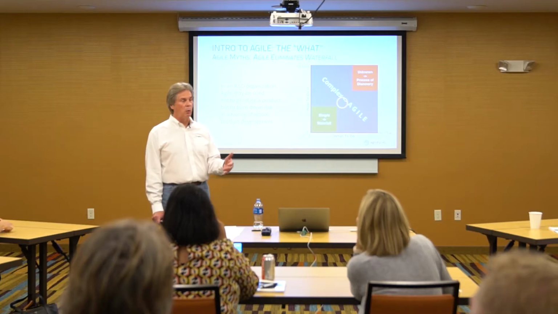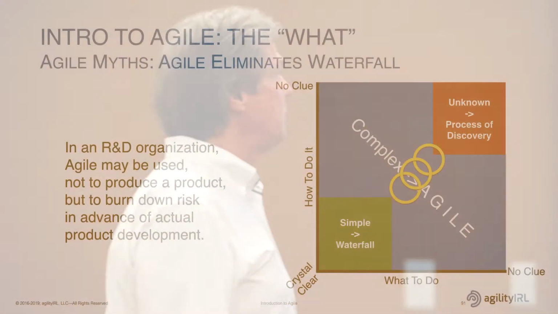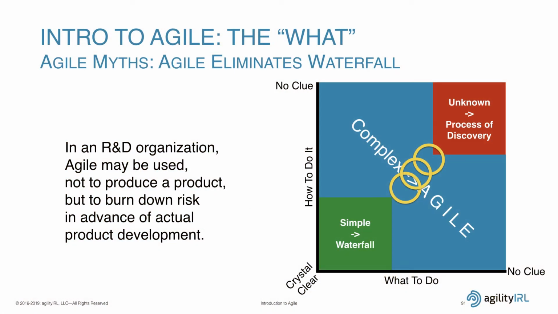And two, will it do so in an easy, replicable way? Can we make money? That sort of thing. So often their job is to move the risk from that upper right quadrant down to something more manageable for the product development team when they hand it off. So again, their outcome is not a product, but it's a reduction in risk.